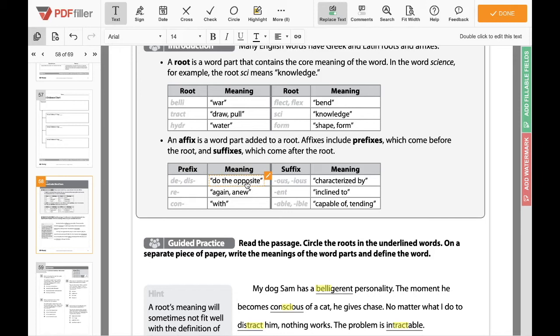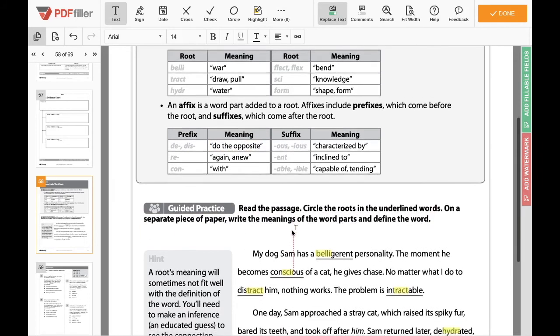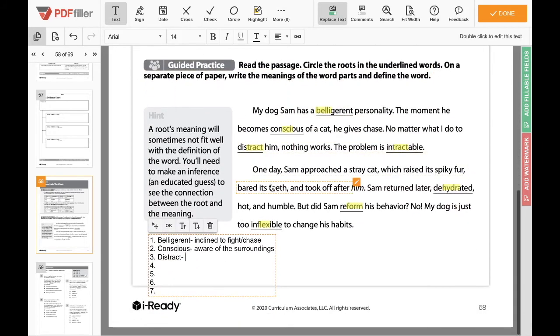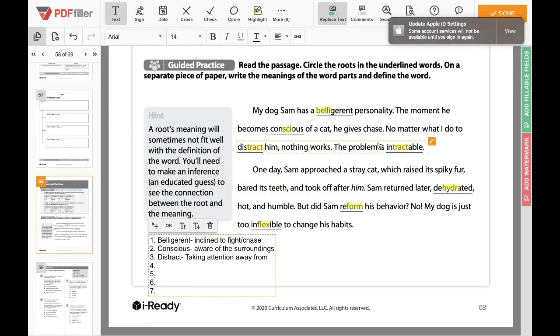So if you say, that drew my attention, that means that it caught your attention, right? So maybe we could say, since it's doing the opposite, taking attention away from. That's all we have to say, because we don't know exactly what they're taking attention away from, but that they are taking attention away from something.